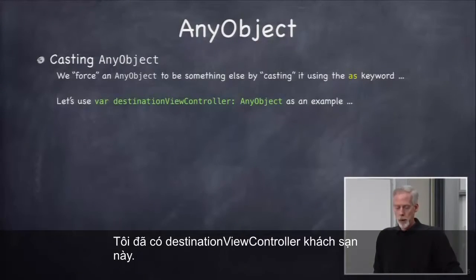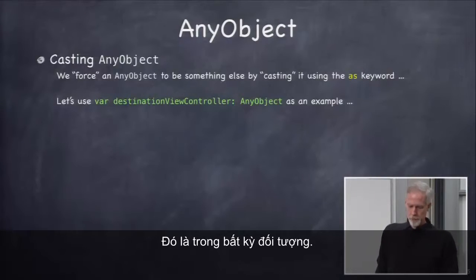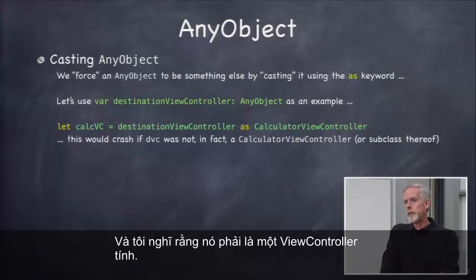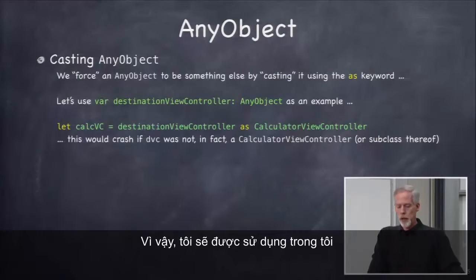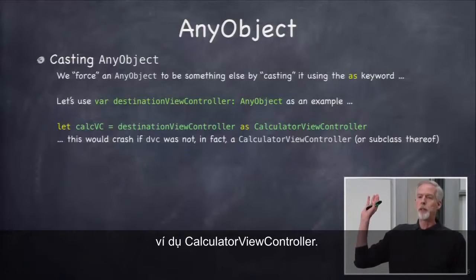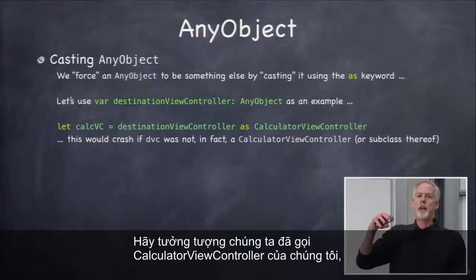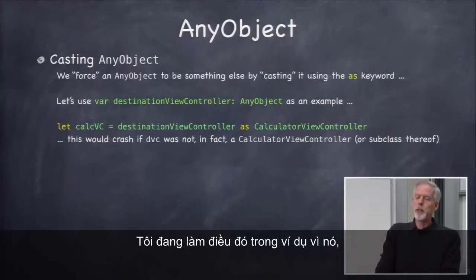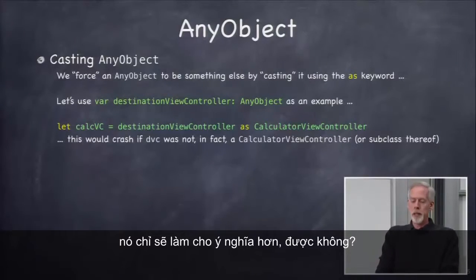So I've got this property, destination view controller. It's an any object. And I know it's a view controller, and I think it should be a calculator view controller. So I'm going to be using in my examples calculator view controller. Imagine we had called our calculator view controller instead of view controller. I'm doing that in the examples because it's just going to make more sense, okay?